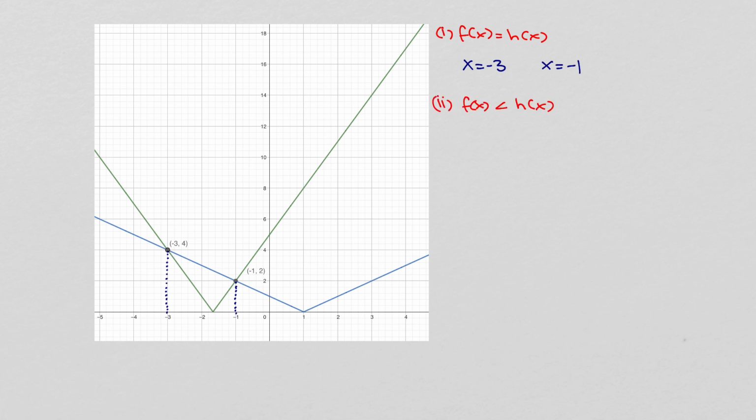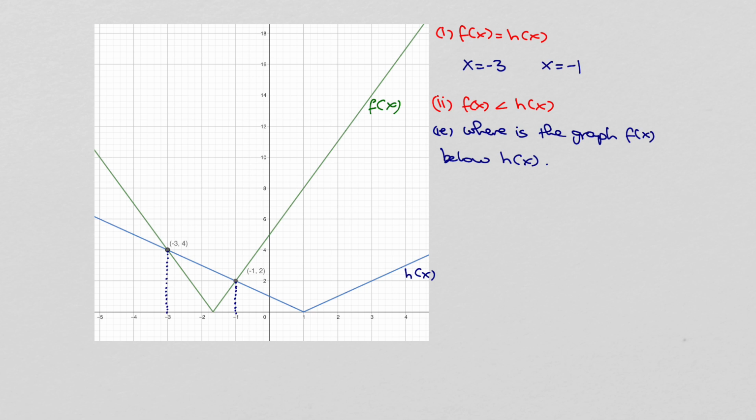So for the second part of the question, it says, where is f of x less than h of x? So basically, what does that mean? Well, that means, where does the graph f of x lie below h of x? So if we look at the graph, f of x is our green graph and h of x is our blue graph.